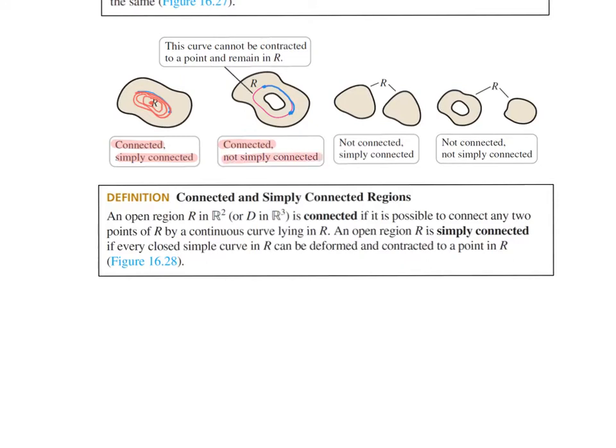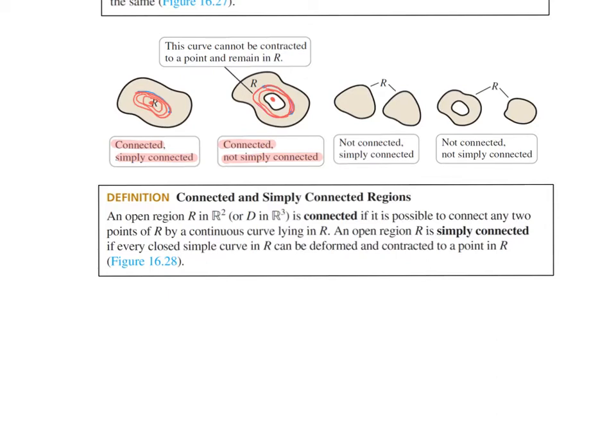If you look at this simple curve here, imagine collapsing that curve down to a single point, making it go smaller and smaller. Eventually it'll collapse down to a point, but that point will no longer be in the region. So although it's connected, it's not simply connected.